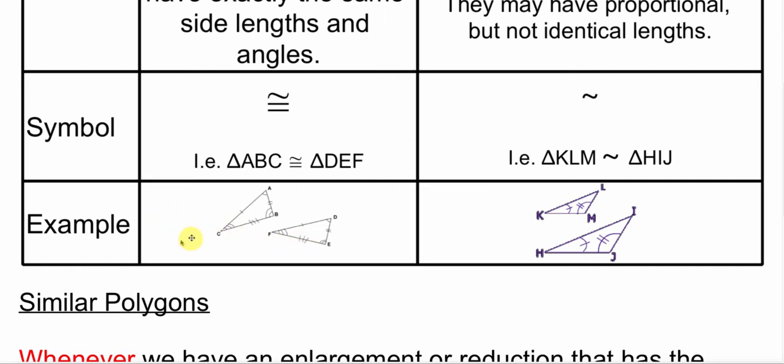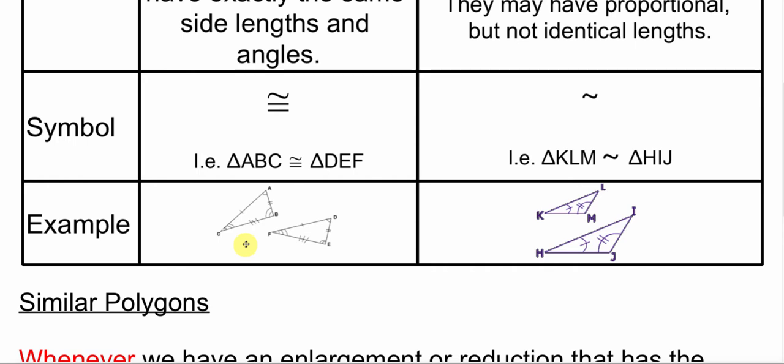So if I look at this example here, these two triangles have identical angles and all sides are the same. It's very key to notice that every angle and its corresponding angle are equivalent. Also, every side and its corresponding side is equivalent as well. And that's what makes it congruent.